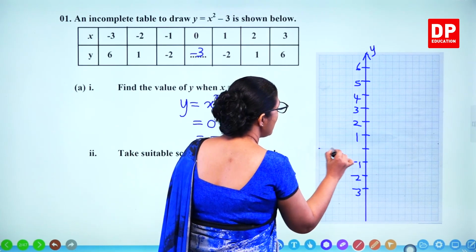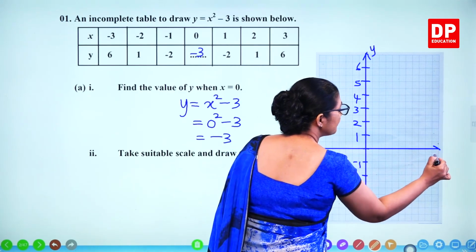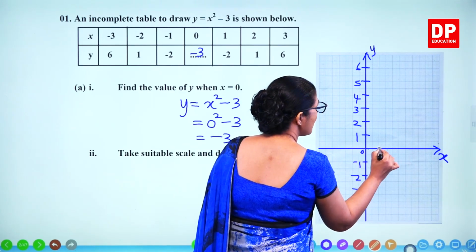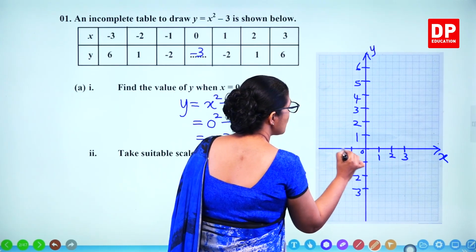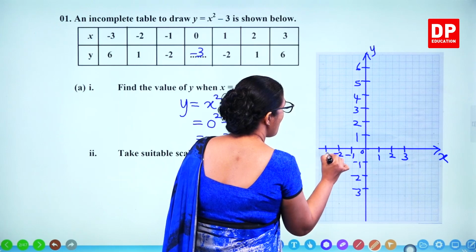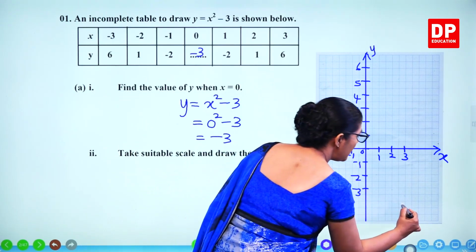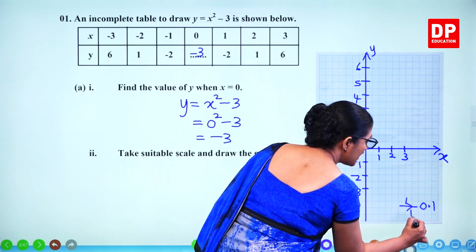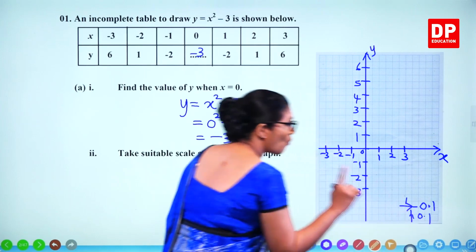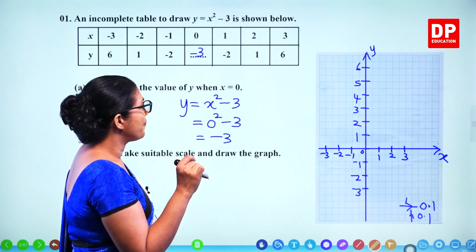Then you can draw the x-axis. 0 here, 1, 2, 3, minus 1, minus 2, minus 3. So we use the scale 10 squares for 1 unit. So that means both sides 1 over 10, so one small square is 0.1.